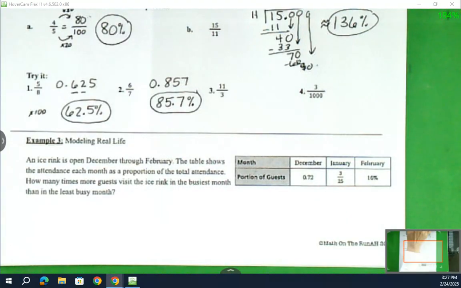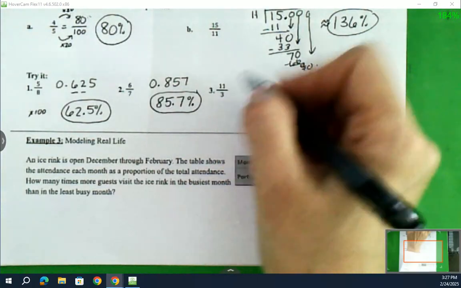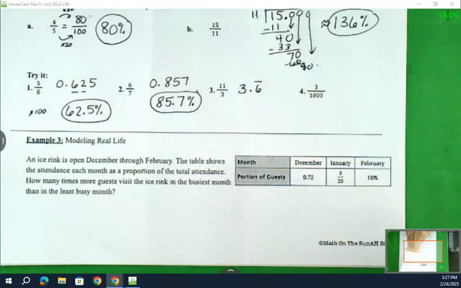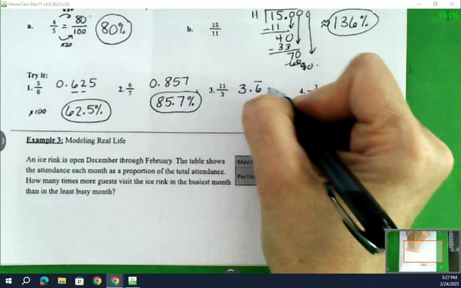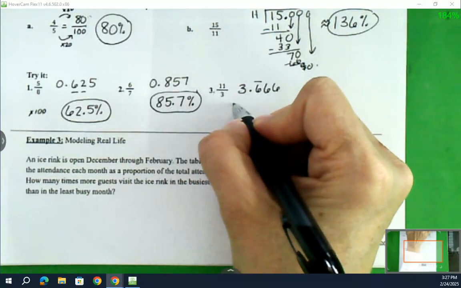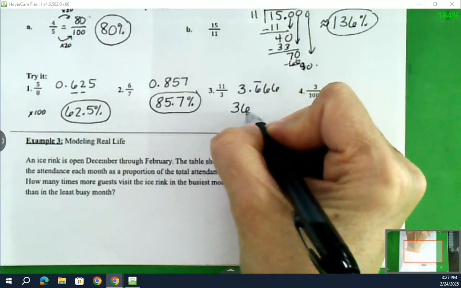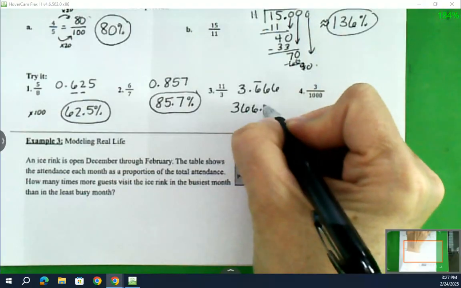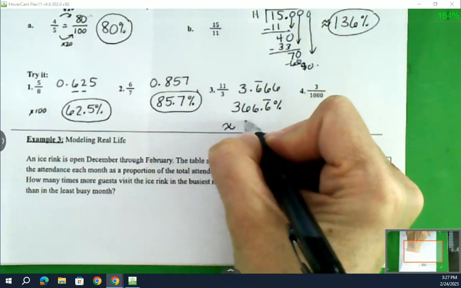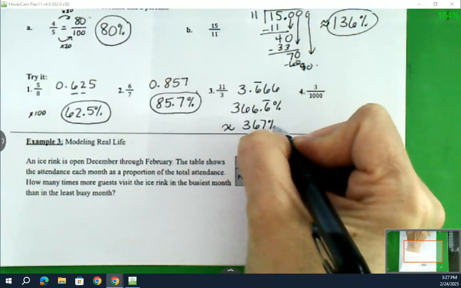Okay, 11 divided by 3. Well, 3 goes into 11 3 times, and we have a 0.6 repeating. So if we repeat that 6 here a couple times, we're going to have 366.6% repeating, or to round to a whole number there, it's going to be 367%.